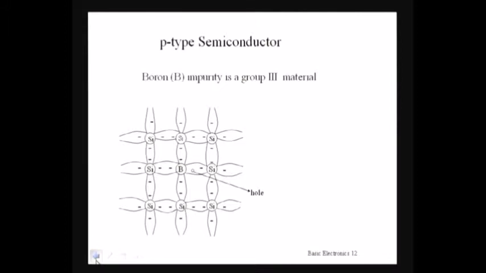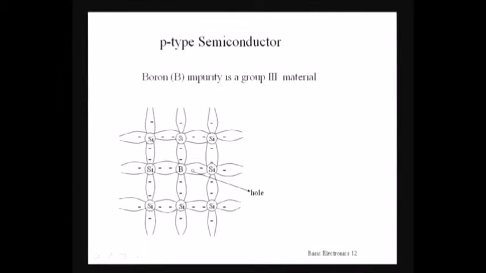Now let us see how a P-type semiconductor is formed from a pure semiconductor like germanium or silicon by adding a trivalent impurity material like boron or indium. Let us add boron impurity, which is a group 3 material having 3 electrons in the outermost orbit, to a silicon semiconductor.